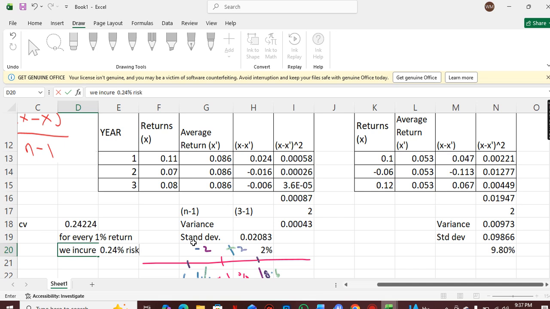For every 1% return you get, you are incurring a risk of 0.24%.